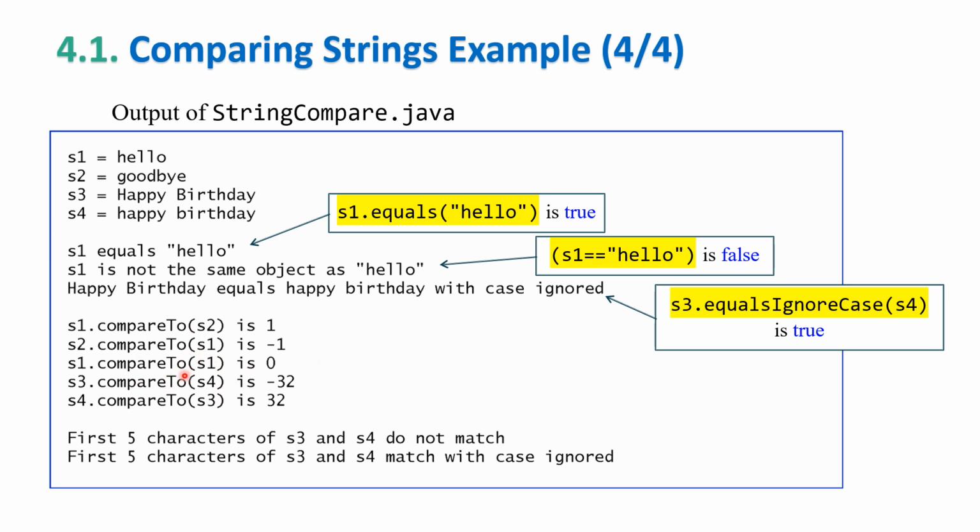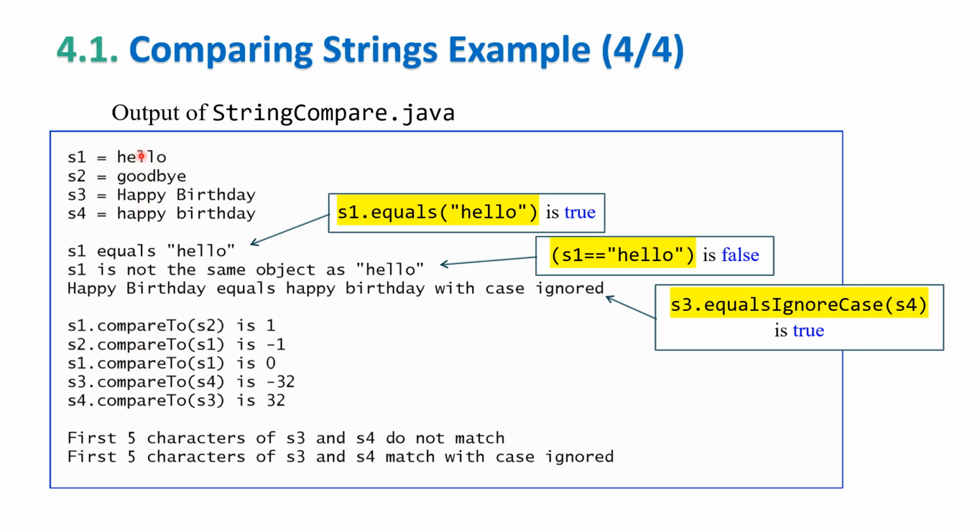The next 5 lines of output show the results of calling the compareTo method. The result of S1.compareTo(S2) is 1, which means that S1 is larger than S2 in the lexicographical order.